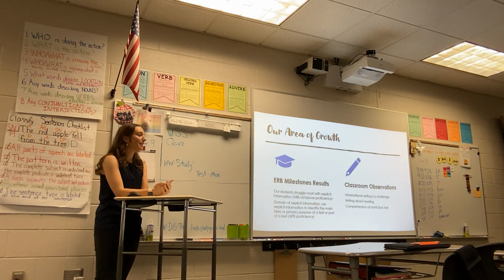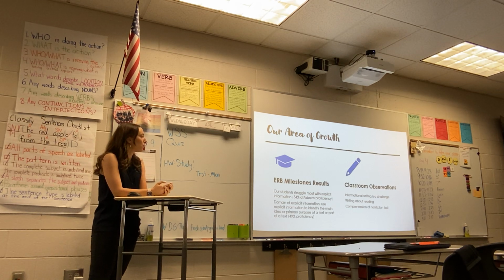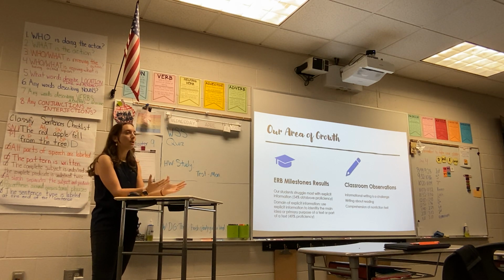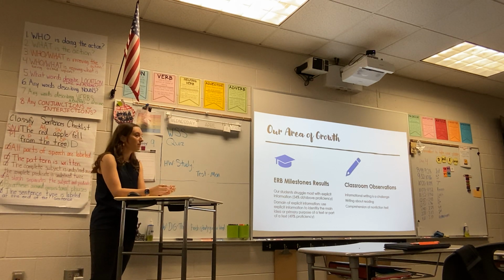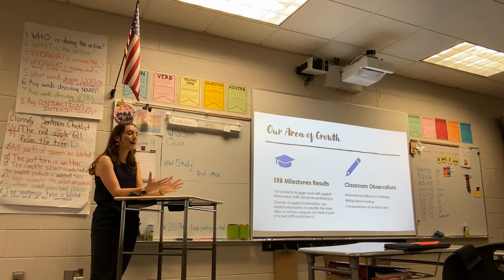So we looked at our ERB milestones results, and we all found that our students struggle most with explicit information. We found that only 54% of our students are reading at or above proficiency with informational text. There's also a specific domain of explicit information that was an area of struggle: using explicit information to identify the main idea or primary purpose of a text or a part of a text.